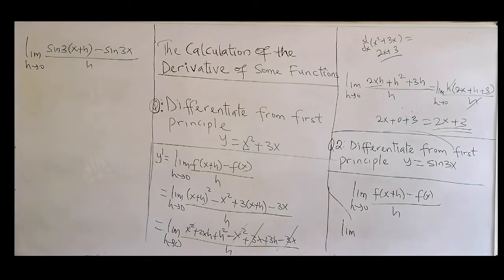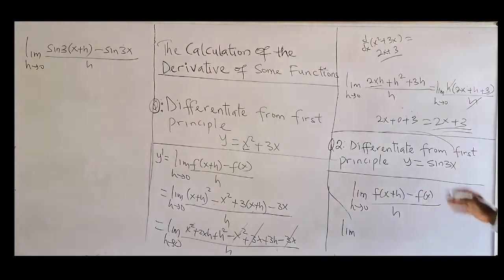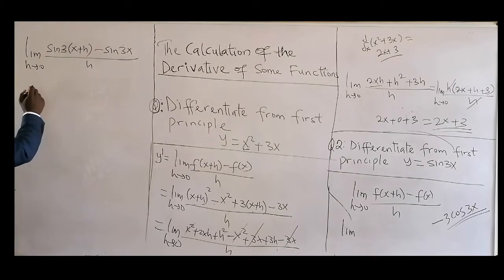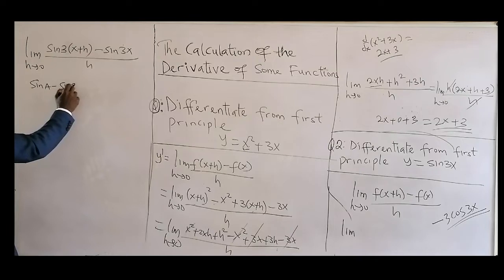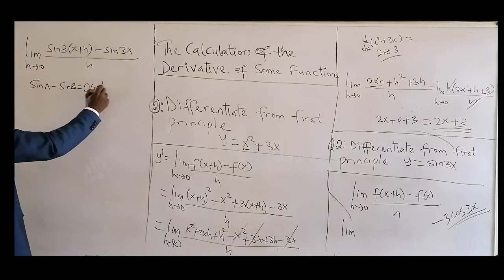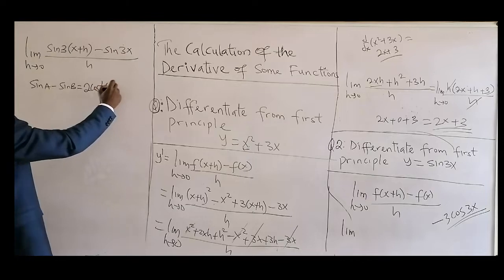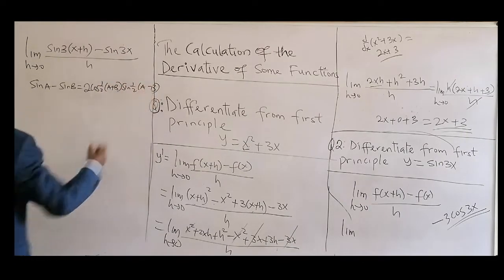I know from general differentiation, don't forget what we said about sine a minus sine b, which will be equal to 2 cos half of a plus b, sine half of a minus b. Don't forget that.